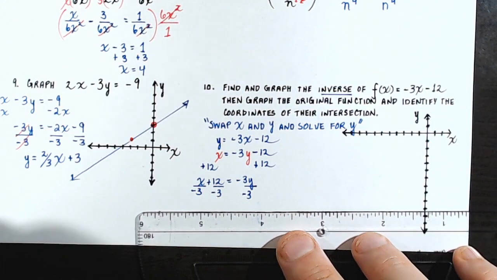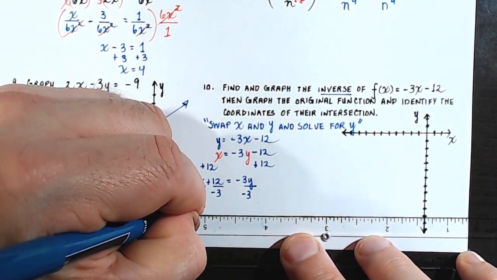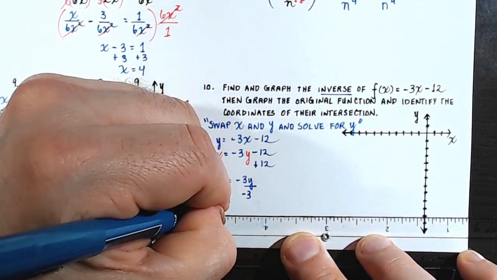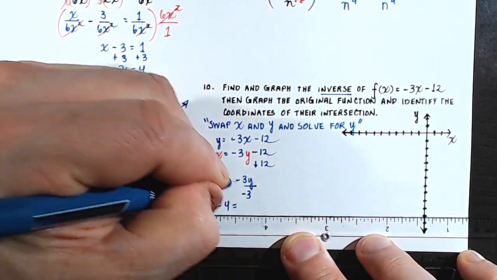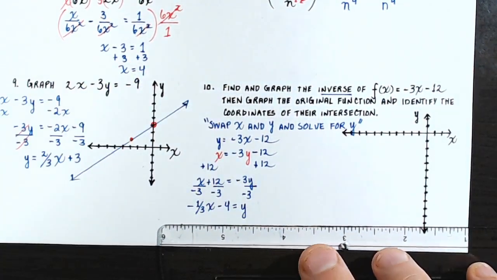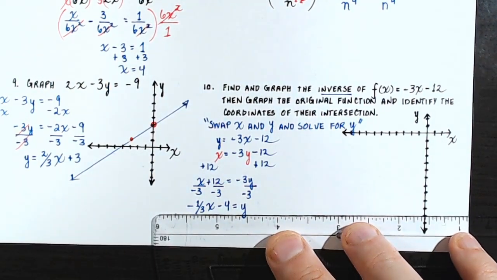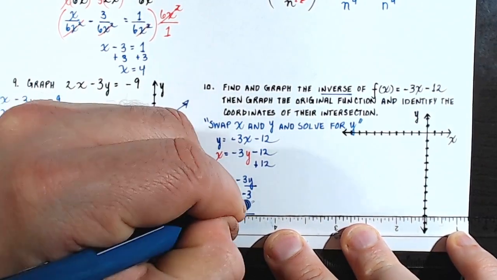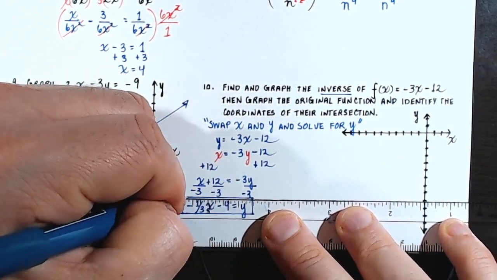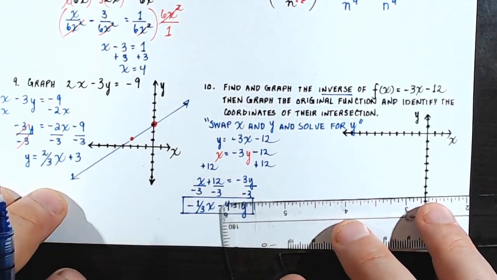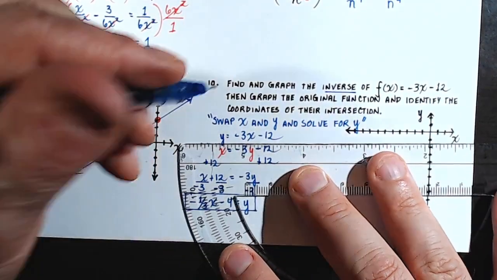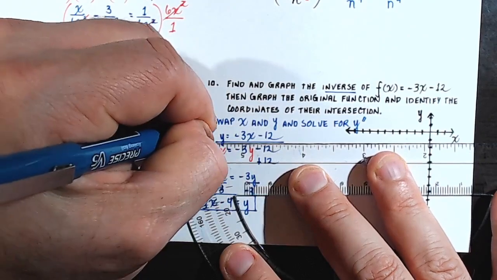And I have negative 1/3 x minus 4 equals y. Okay, so this is the equation of the inverse function. This is the equation of the original function.